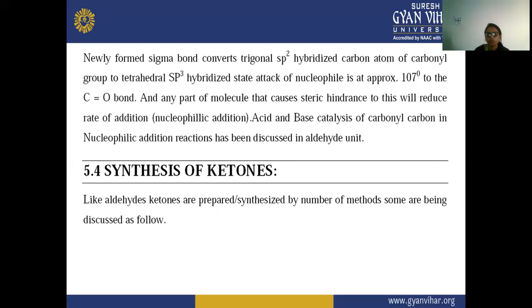Here the sigma bond formed between the carbon and the nucleophile converts the trigonal sp2 hybridized carbon of the C=O into the tetrahedral sp3 hybridized carbon, at an approximate angle of 107 degrees to the C=O.